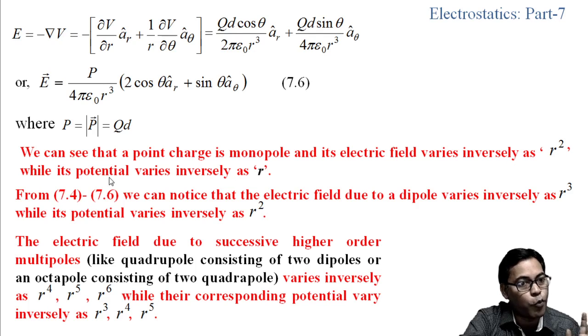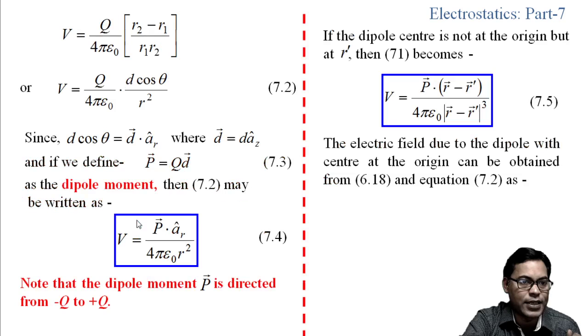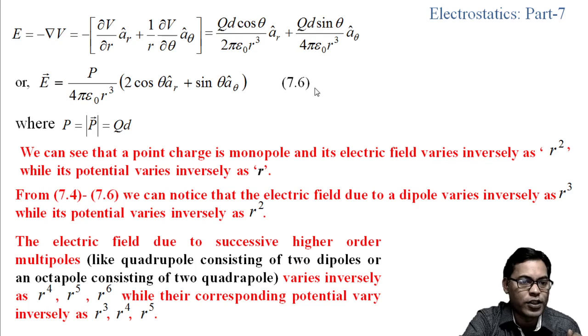But in the case of potential, the potential varies inversely as r, because we know V equals to Q by 4π ε₀ r. That is the observation 1. Also from expressions 7.4, 7.5 and 7.6, we can notice that the electric field due to a dipole varies inversely as r cube.